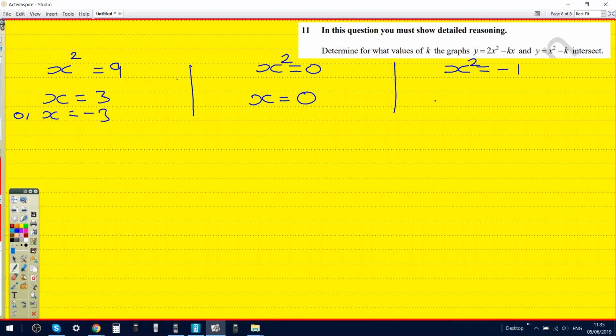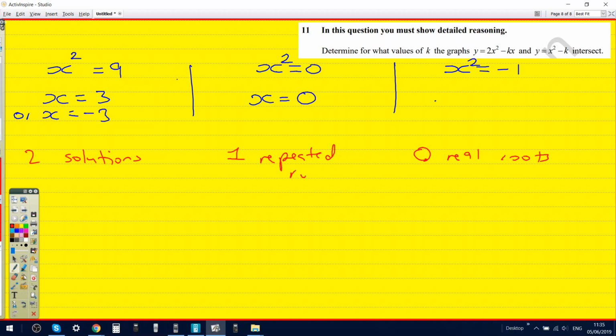Yeah. And so how many solutions were there for the first one? 2. So that's got 2 solutions. Middle one? 1. And last one? 0. And so that's like 0 real roots. Mention that, the middle one is a repeated root.